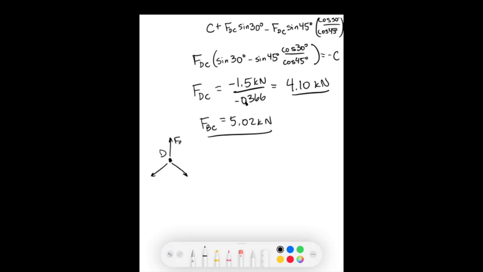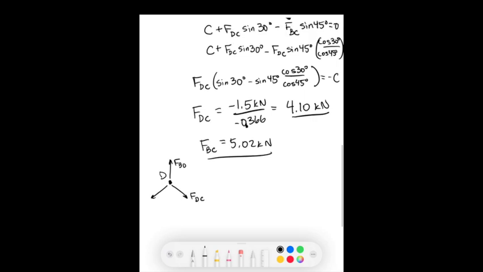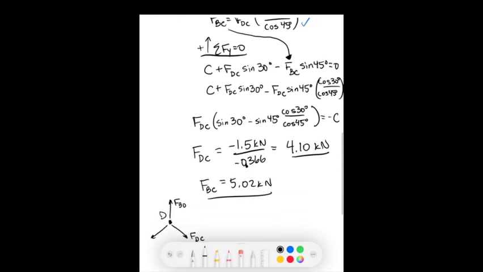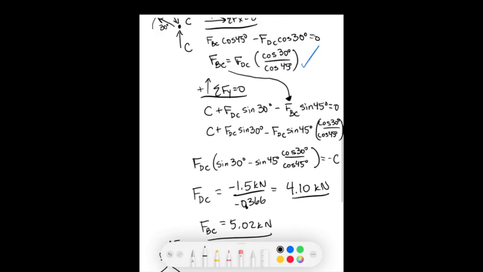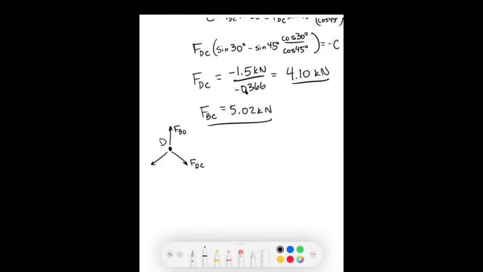We have force BD, force DC, which we know is in tension, and force AD, and both of these are at 30 degrees. Okay, set up your x and y equations.